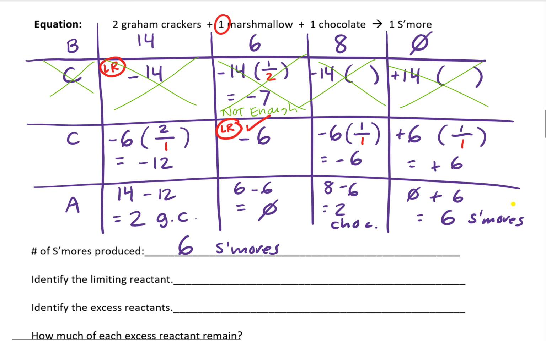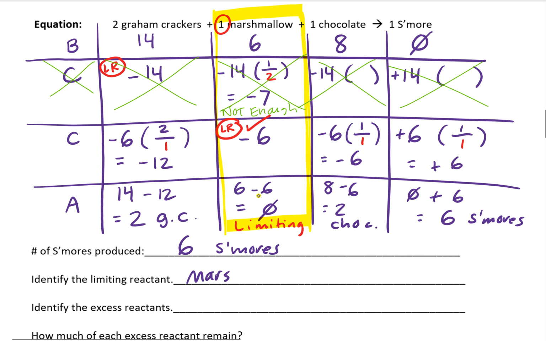The limiting reactant is going to be the one that is 0 at the end of the reaction. So I go to the after row: 0, marshmallows here. And we're going to highlight that column for emphasis. That's your limiting value. Whichever one reads 0 at the end of the reaction is your LR, your limiting reactant.